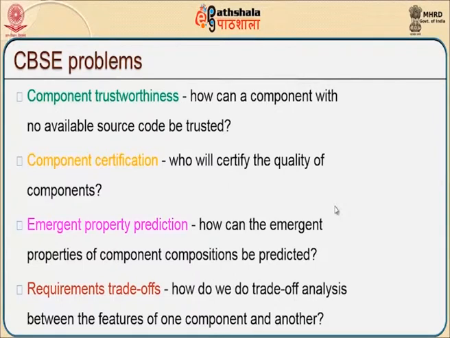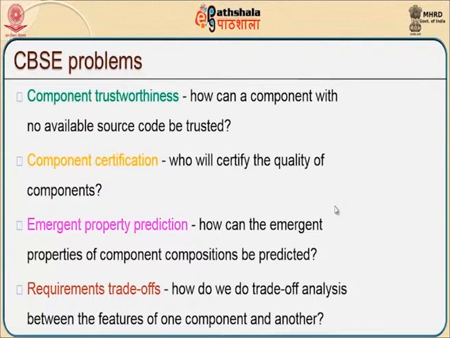Component certification: who will certify the quality of the components? If it is to be reused, it needs to be properly standardized or certified. So from the certification point of view, who will authorize that a component can be reused? Emergent property prediction: how can the emergent properties of a component composition be predicted?